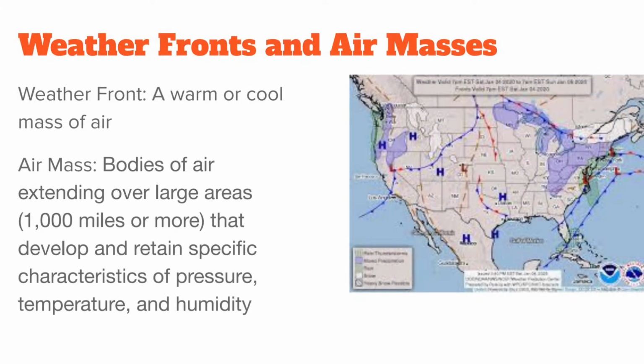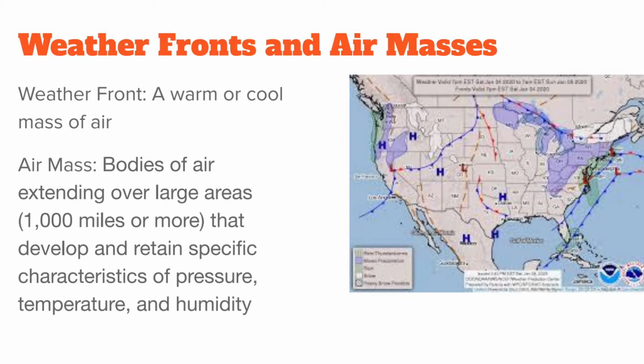When we discuss the weather, we have to define two really important terms. These are weather fronts and air masses. A weather front is a warm or cool mass of air. And this air mass is basically just a large body of air. These things can cover over 1,000 miles or more, and they develop and retain specific characteristics of pressure, temperature, and humidity.